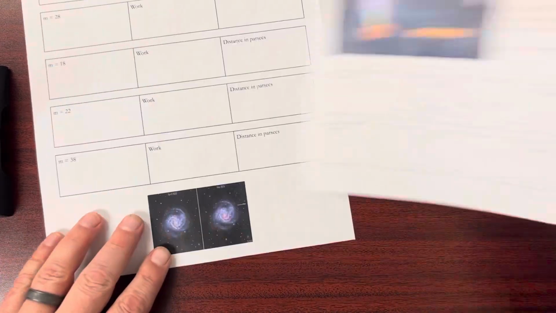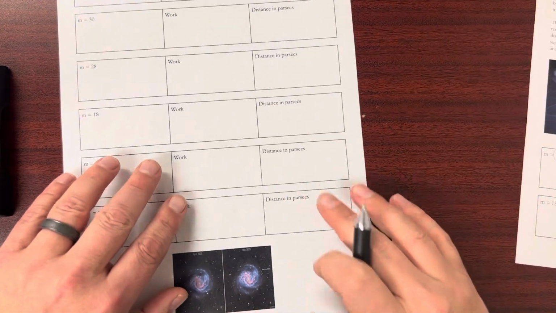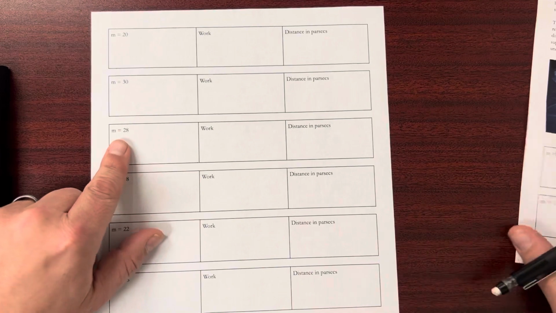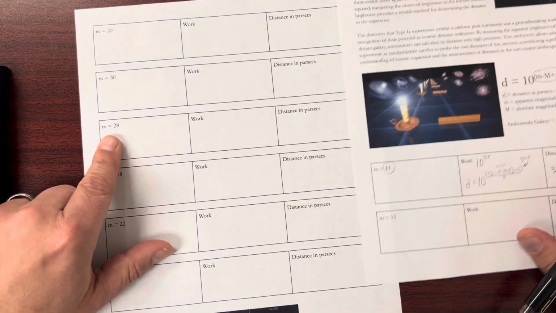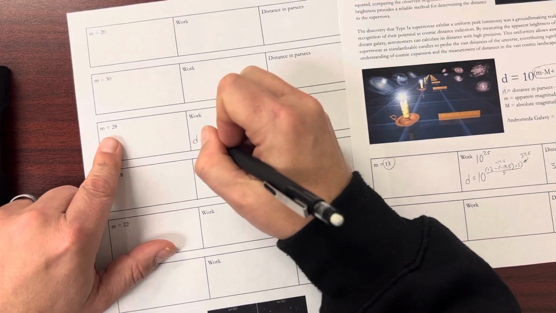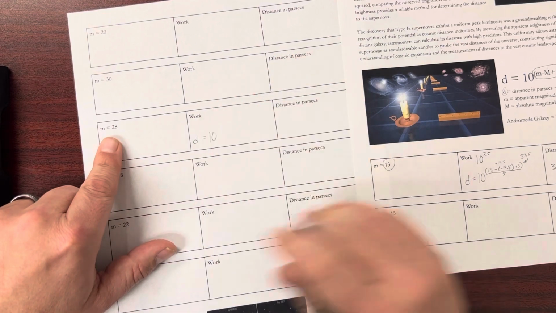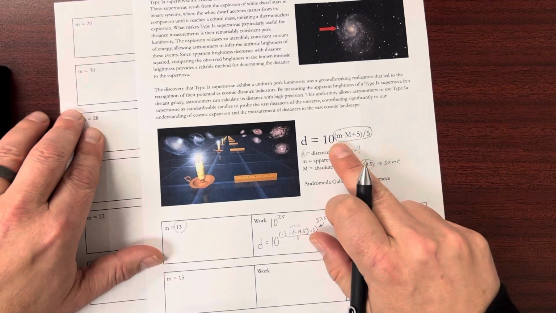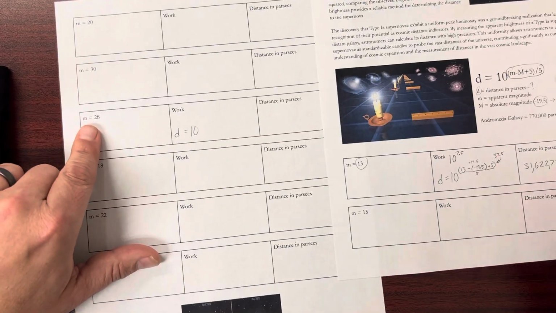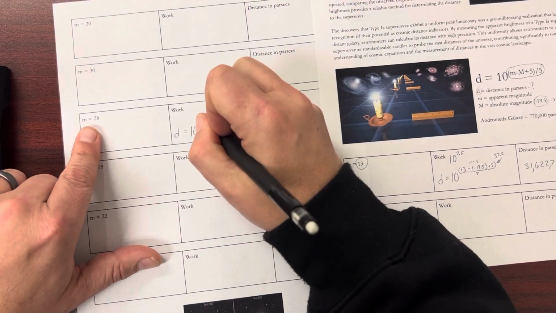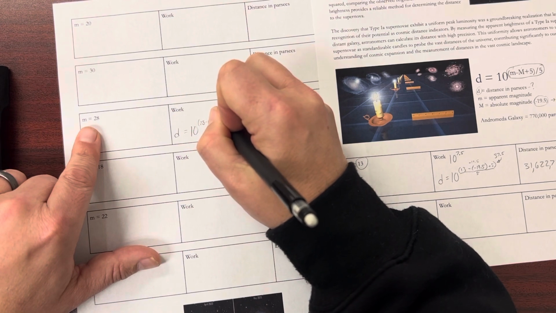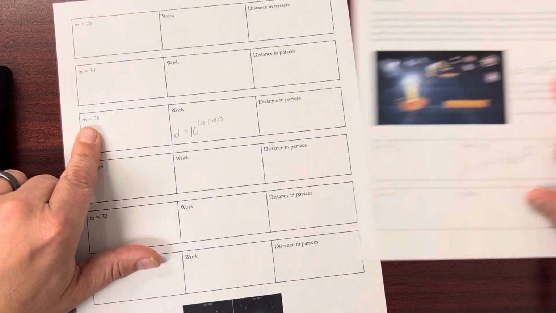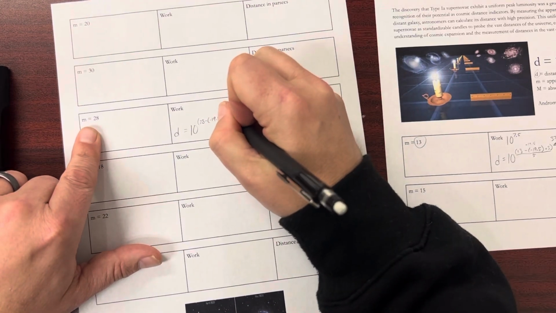Let's do another one, and you'll see that it works the same way. Let's do this one, m equals 28. So we're going to set it up again. We're looking for D equals 10 to the what? Well, remember my little m is given as 28. 28 minus negative 19.5 again, 19.5 is what our capital M is. Plus 5.